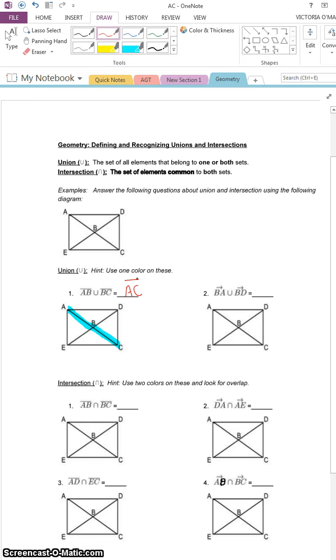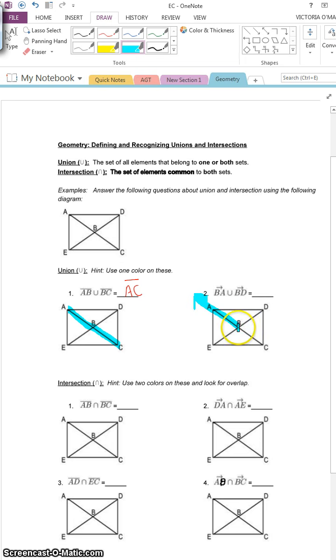Now I'm going to move on to problem 2. So we have ray BA union ray BD. I'm going to start with ray BA. Ray BA starts at point B and then goes infinitely far in the direction of A. Now I'm going to look at ray BD.